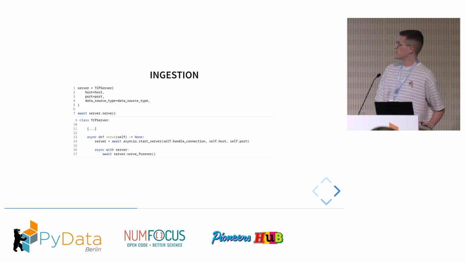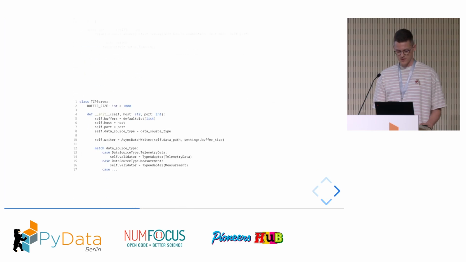The serve is basically using async I/O to start the server, and with self.handle_connection, we give it a function that it should run for each connection that we are making on this socket. And that's all there is to starting a TCP server. What we now need to do is implement the rest of the class to make it work in a way that makes sense.